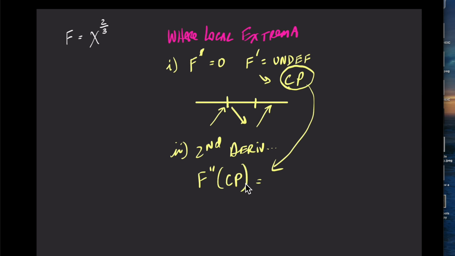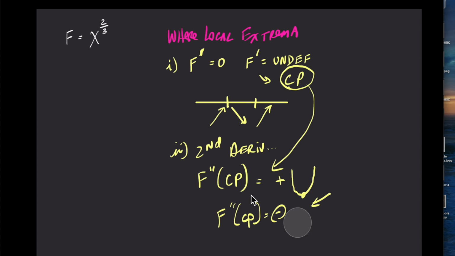And depending on what you get, if you get a positive value, that means f would be concave up, and that critical point would be a relative minimum. And the opposite happens. If you get a negative value when you do f double prime of the critical point, you would get a concave down portion of f, and that would be a relative maximum.